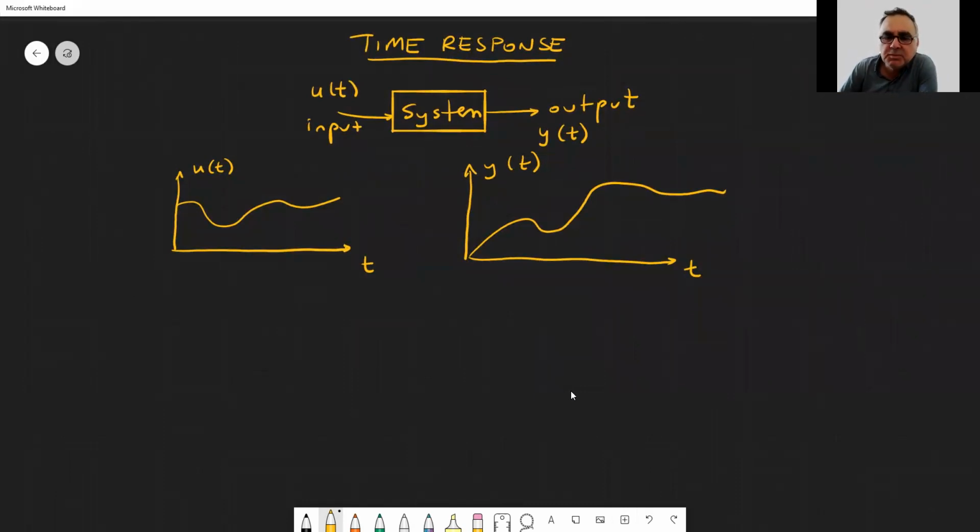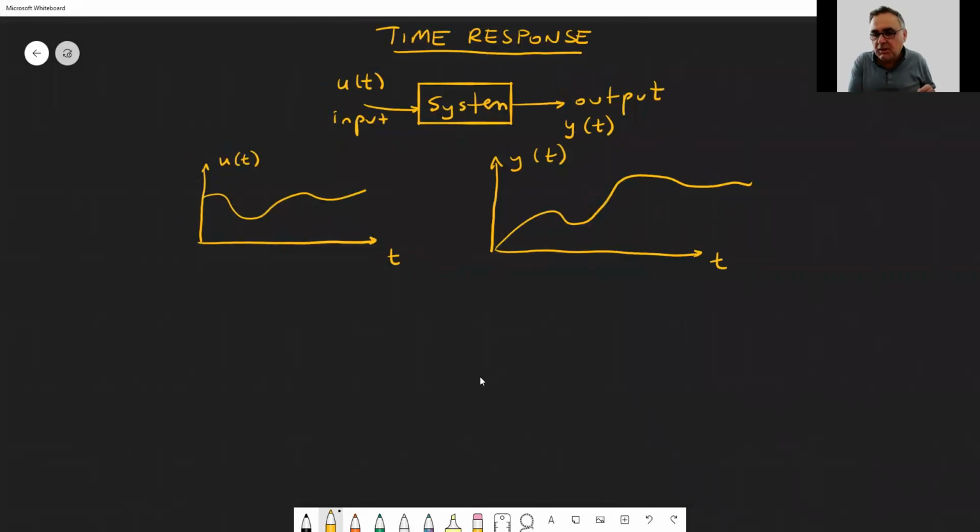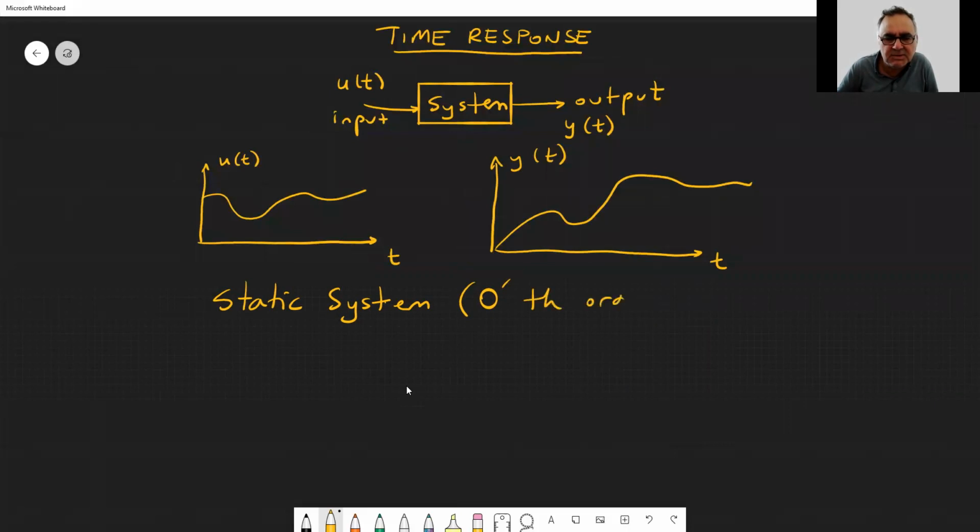We will start from the simpler kind of systems and go to more complex ones and try to understand how these systems respond and what parameters are necessary. We will start from the very simple system, the static system, which is actually zeroth order, we can say.